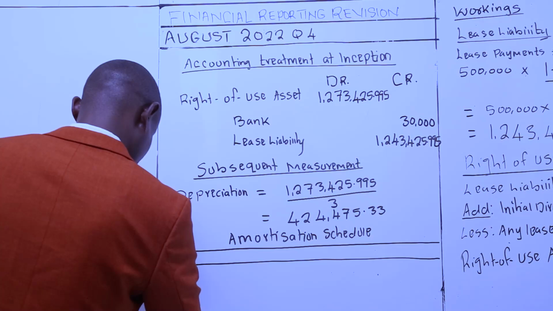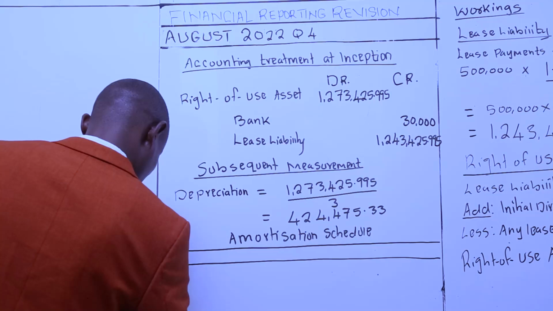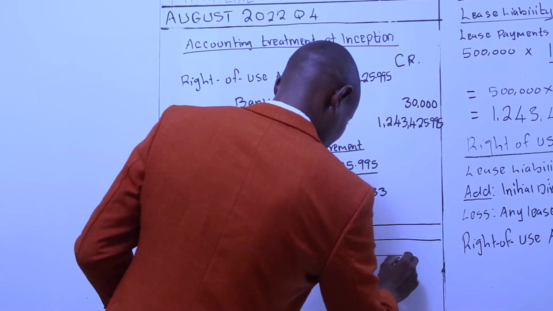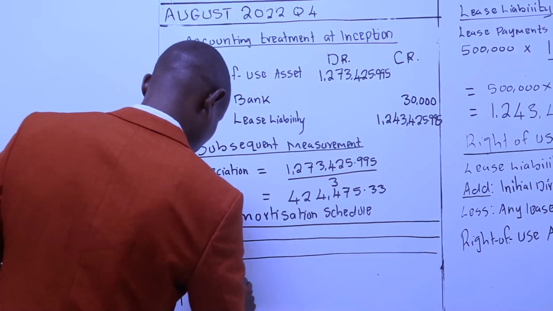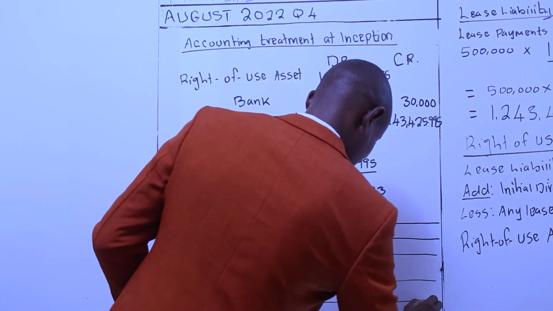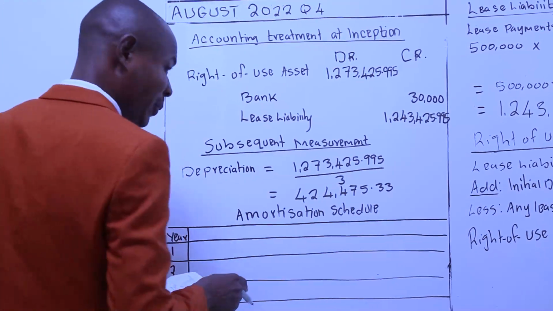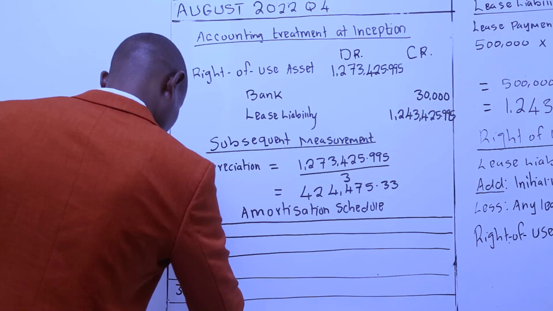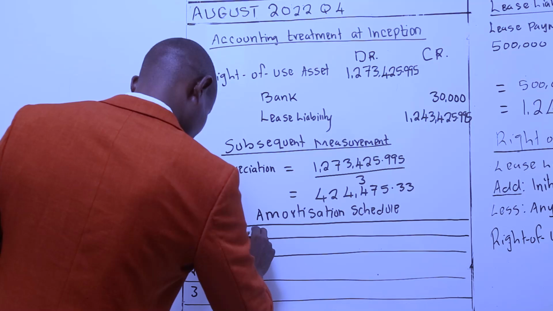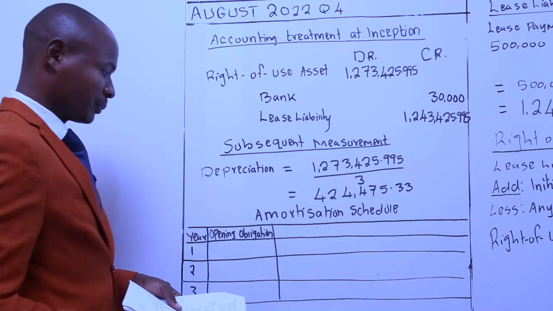So here, 1, 2, 3. We have 3 years. Here, opening obligation.